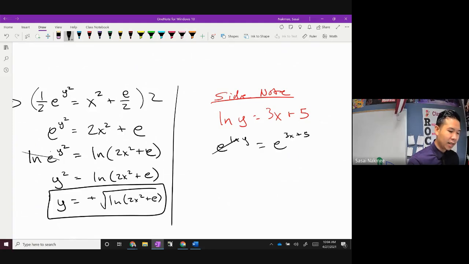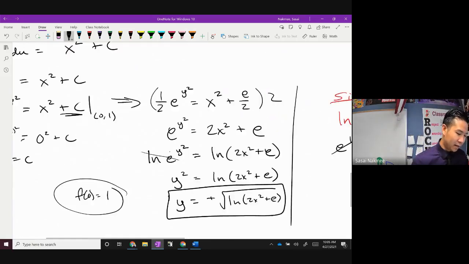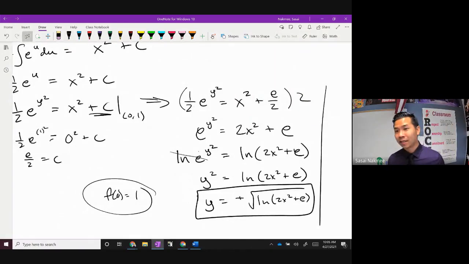When you do that, the e and the ln cancel out. You're left with y is equal to e to the 3x plus 5. Ta-da! And that's how you would get that. So just keep that in mind, right? Again, not calculus stuff. That's algebra stuff. Knowing the inverse of an exponential function and knowing the inverse of a natural log function.